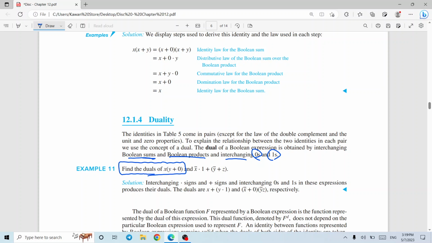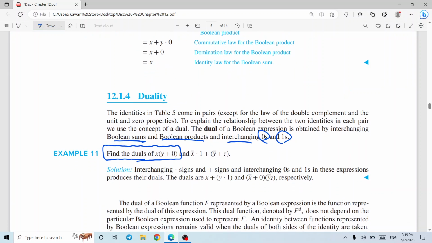Here's the example. Look at the first one. We have x dot y plus 0, right? So I'm going to change each one. I'm going to change the dot to plus, and y and 0. And I know the result of this one will be 0, and I'll get x plus 0 is equal to x. Did you understand, dears?